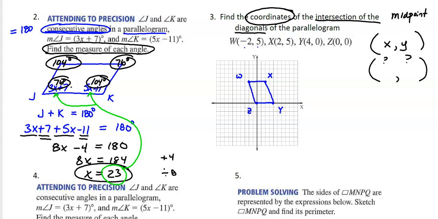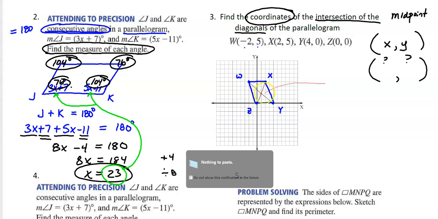And I need to figure out where those two cross. So if I were to put the diagonals on here, and I were to connect from here to here, and from there to there, I'm trying to figure out where that point is. That point is going to be my answer. And basically it's just the midpoint.